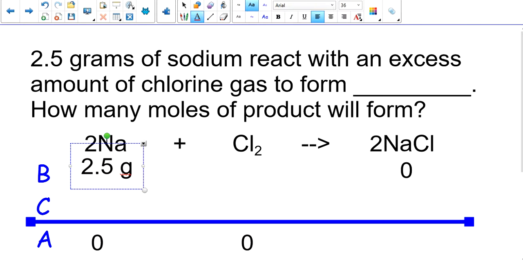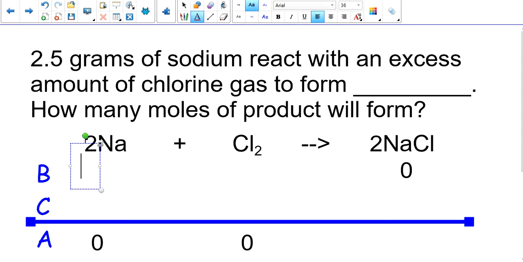And so if I put anything in this BCA table other than something to indicate the number of particles, that's an incorrect unit. Only units that indicate the number of particles can go in this BCA table. Grams does not indicate the number of particles present. I need to first convert grams to moles.